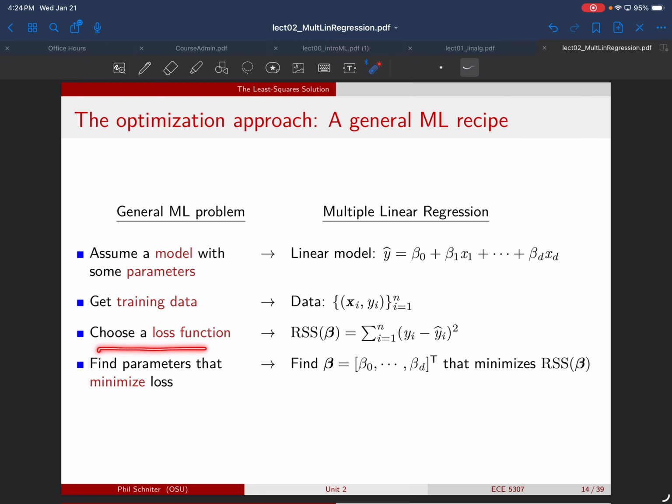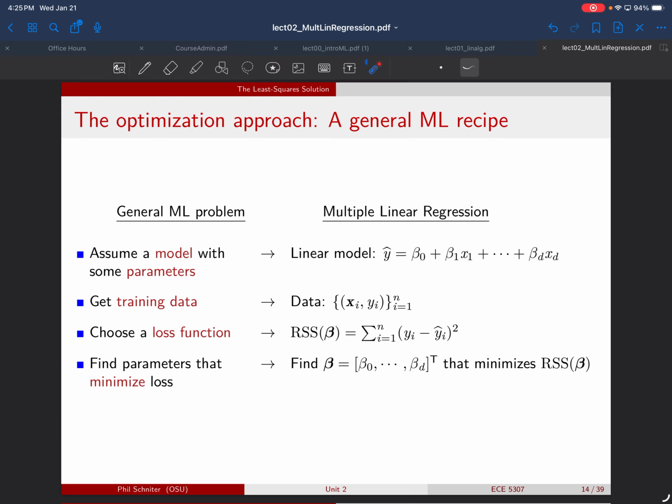We want to choose a loss function, something that measures how well beta is performing on that training data. And in our case right now, we're choosing the residual sum of squares. And finally, the last step, the thing we still need to do, is find the beta that minimizes that training loss. Okay. So that's what we're going to do for all the different machine learning problems.